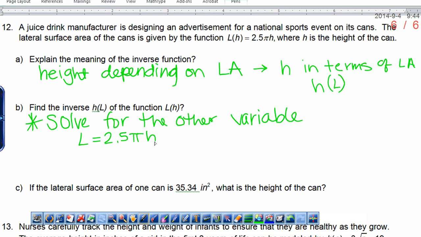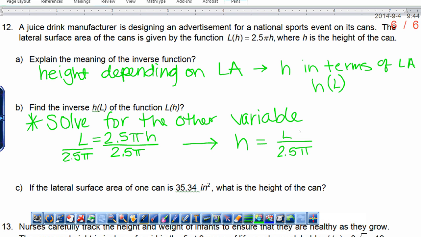But I want to solve for the height, so that the height will be in terms of the lateral area. So what do I divide by? 2.5 what? Pi. So what that means is my inverse, or h of L, is equal to the lateral area divided by 2.5 pi. Do you see how now it's h in terms of L? You plug in L and you get out h.